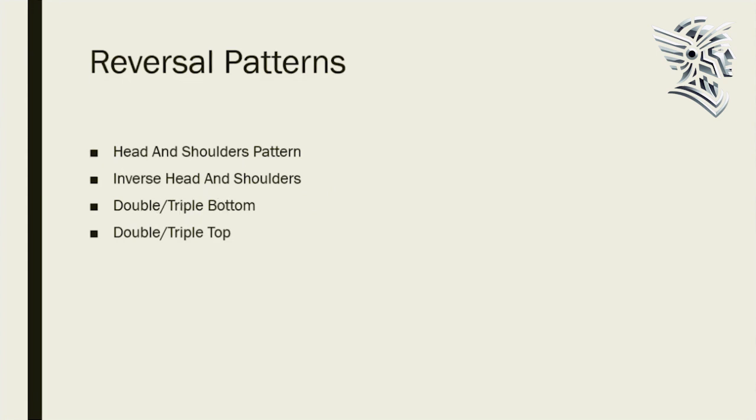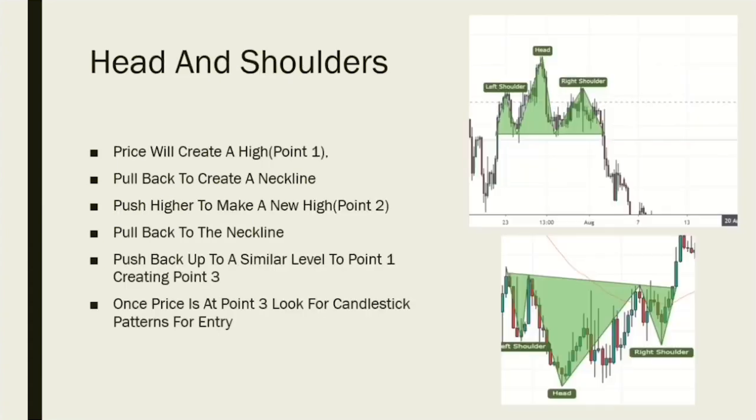So head and shoulders pattern, what does that look like? Well, like this. You have your left shoulder, which comes back to your neckline, like with your body. If your shoulder's above your neck, it'll come back to the bottom of your neck, push up to make a head, back to the neck, and make a right shoulder at a similar level to the left shoulder.